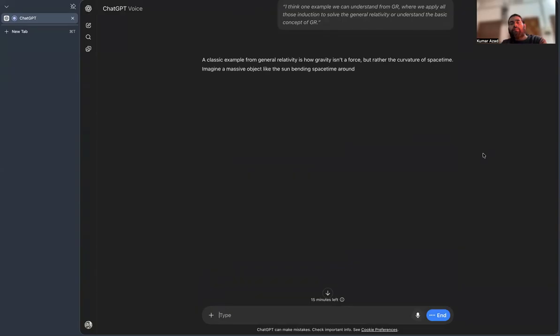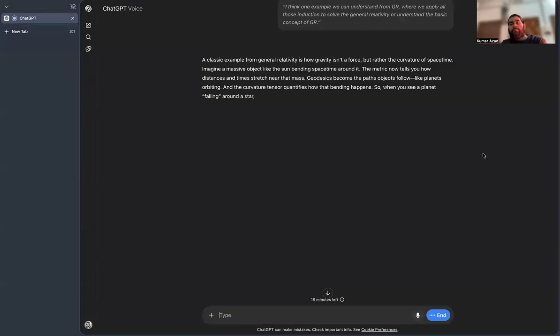Imagine a massive object like the sun bending spacetime around it. The metric now tells you how distances and times stretch near that mass. Geodesics become the paths objects follow, like planets orbiting. And the curvature tensor quantifies how that bending happens. So when you see a planet falling around a star, it's following a geodesic in curved spacetime. Exactly what we've been talking about.